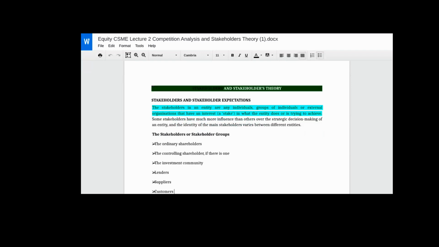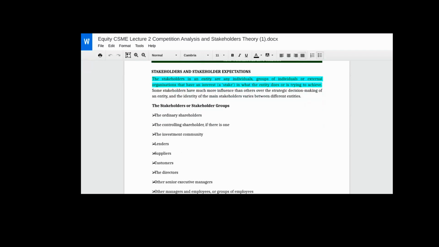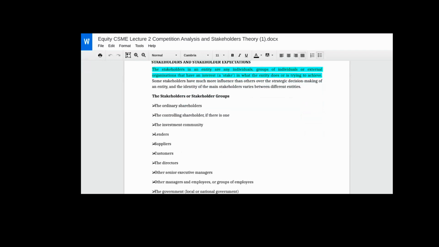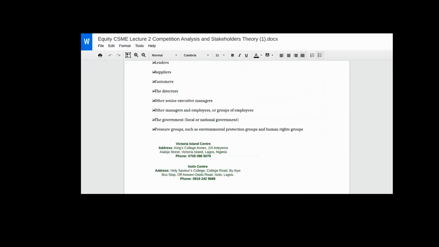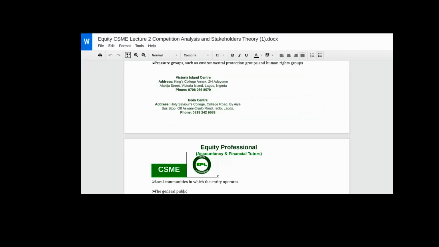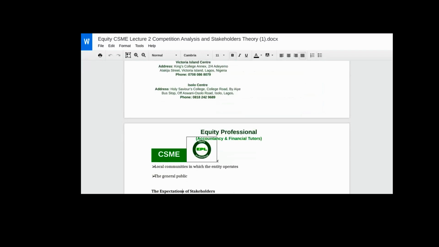The customers, the directors, other senior executives, the managers and employees, and the government. All the state, local government, and federal government, they are external stakeholders to the company, including the pressure group. So the pressure group and the media houses, local community, the general public form the group of stakeholders.